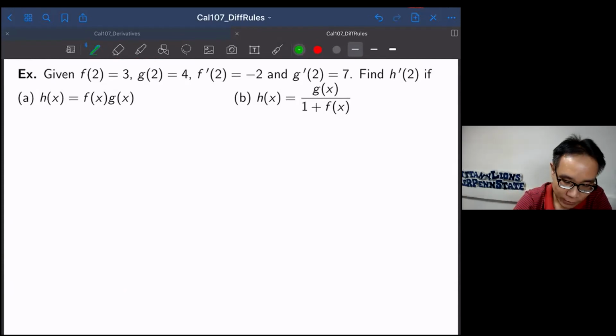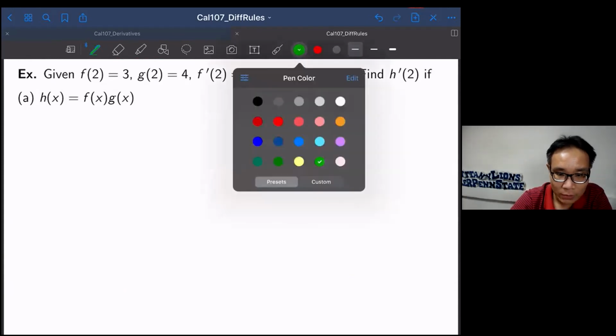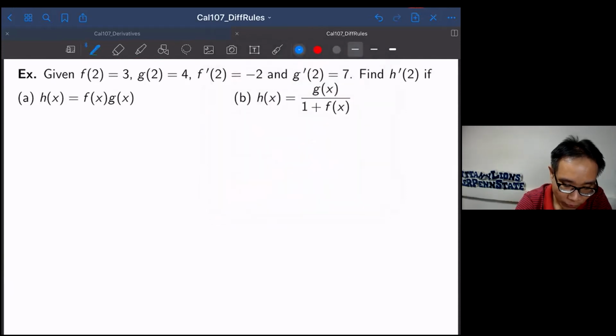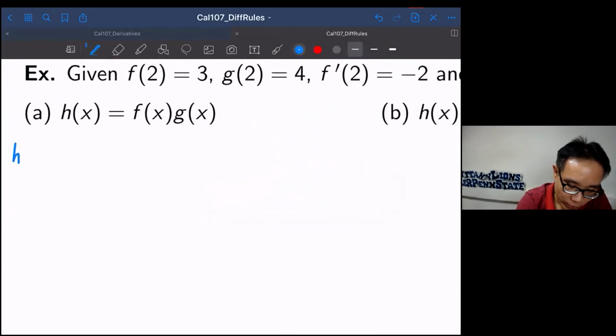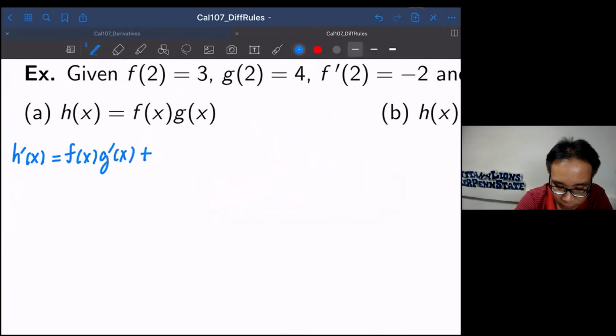So I'm going to find h prime x. It's the first times the derivative of the second plus the second times the derivative of the first.